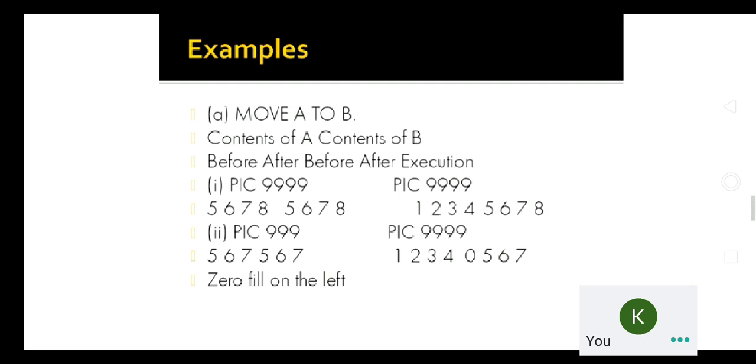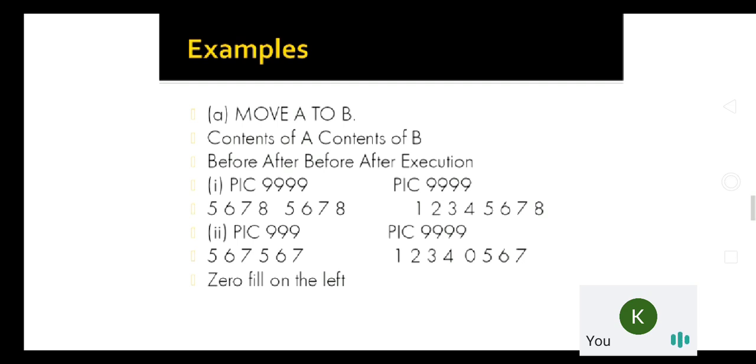Now I would like to ask some questions to you. I'm going to use the same example, MOVE A TO B. The picture clause for A is PIC 999, and the picture clause for B is PIC 99.